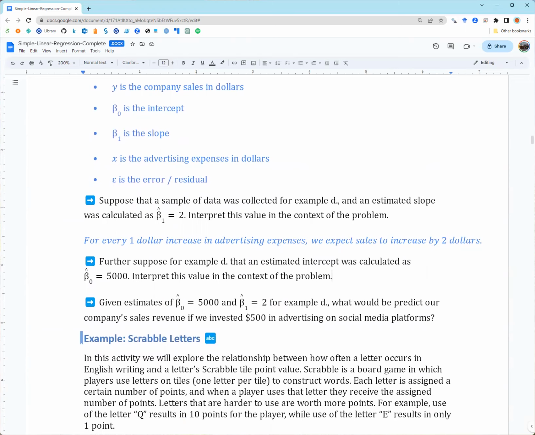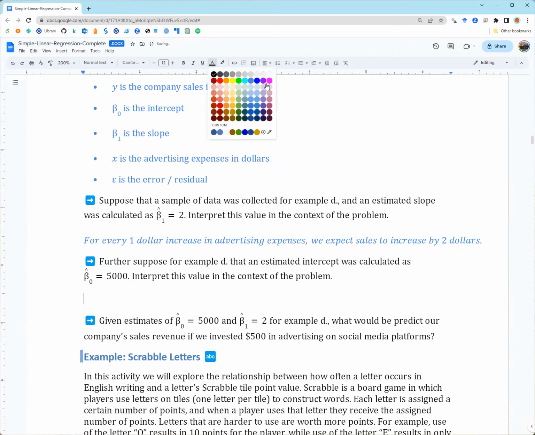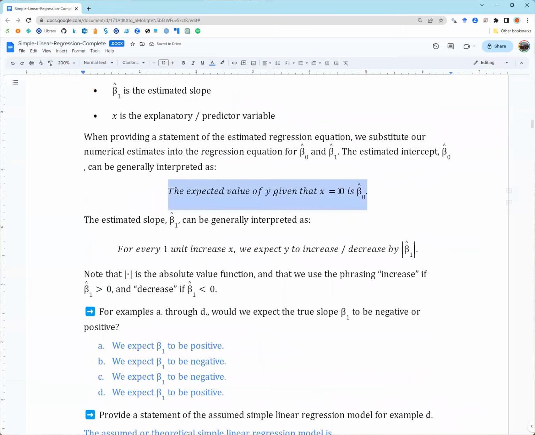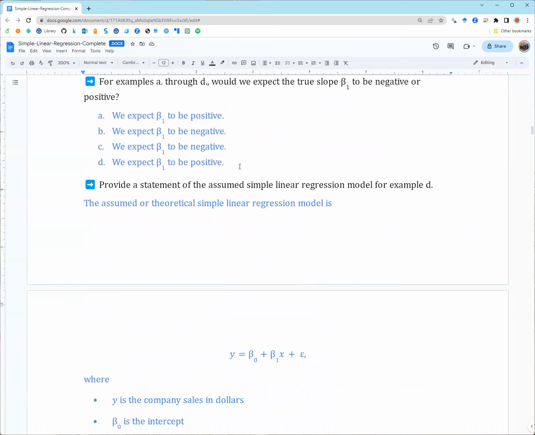Now let's say the estimated intercept, beta naught hat, based on this data is 5,000. And let's see how we can interpret that. So let's get our blueprint interpretation here.